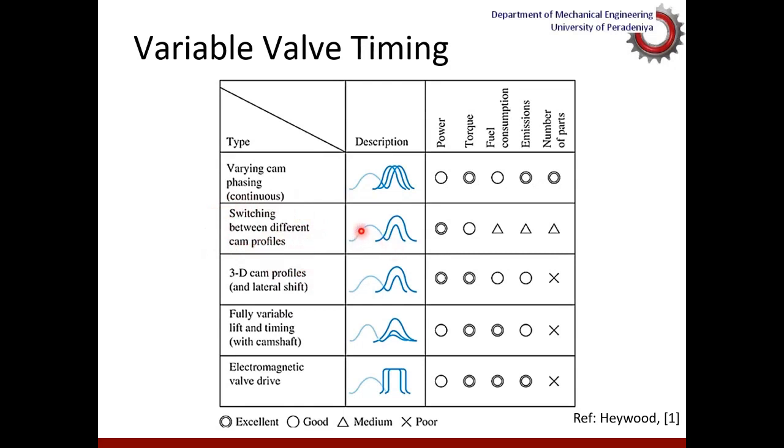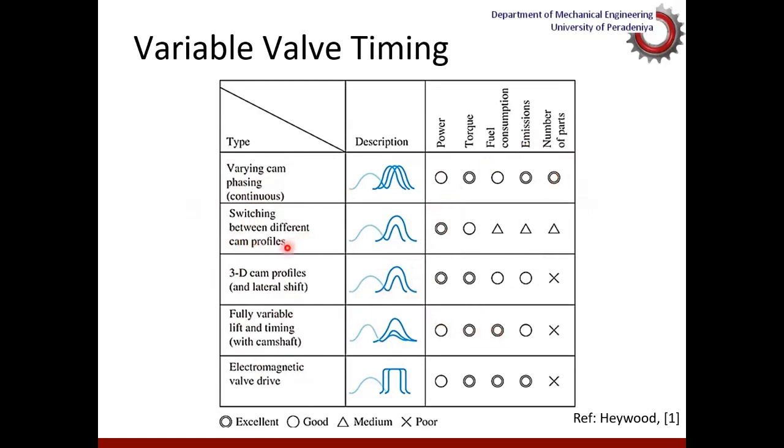So you can have different lifts, different durations, and different open timing with these profiles. And there are 3D cam profiles, fully variable lift and timing systems, and electromagnetic valve drive systems. So there are 5 technologies used. Usually this is the first generation, and these 3 technologies are widely used nowadays. And the advantages and disadvantages of each technology are shown here.